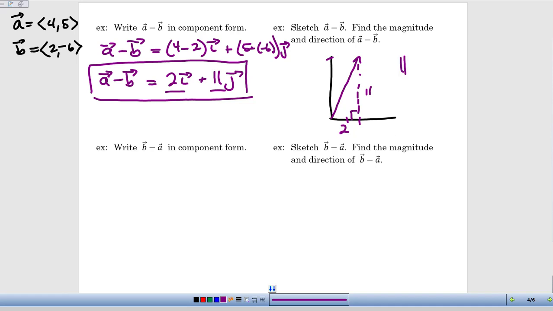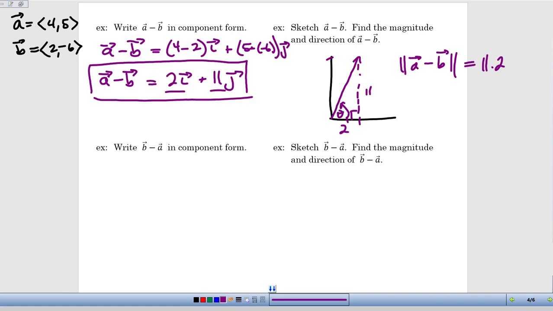So we've got the magnitude of A minus B. Remember, the double absolute value lines indicate that we are talking about the magnitude. So 2 squared, 4, plus 11 squared, 121. So the square root of 125 is 11.2 if we round off to the nearest tenth. And then for our angle, it's this angle here.